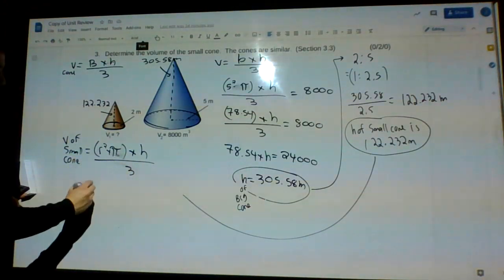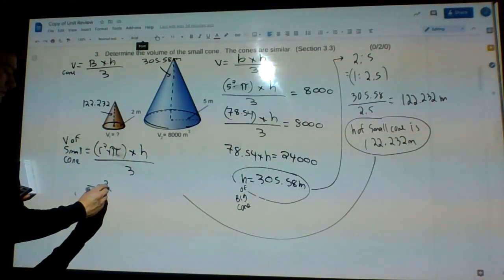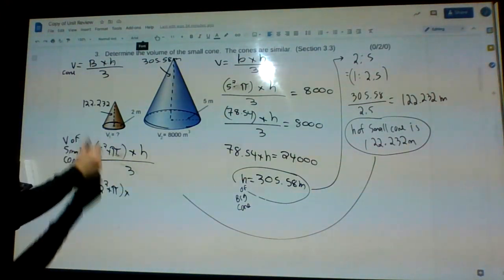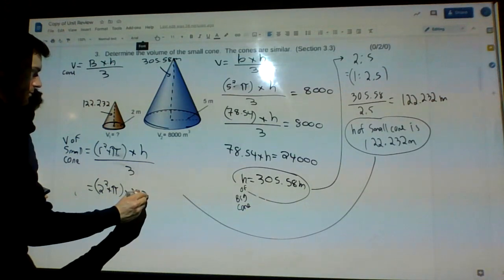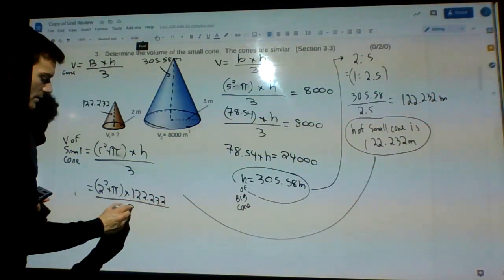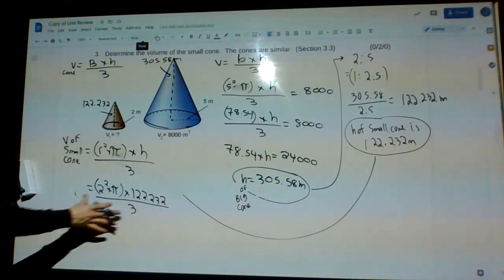So the radius is 2, so we get 2 squared times pi times the height, which is 122.232, and all of that divided by 3. I'm kind of running out of space, so we'll just do this all in the calculator at once.